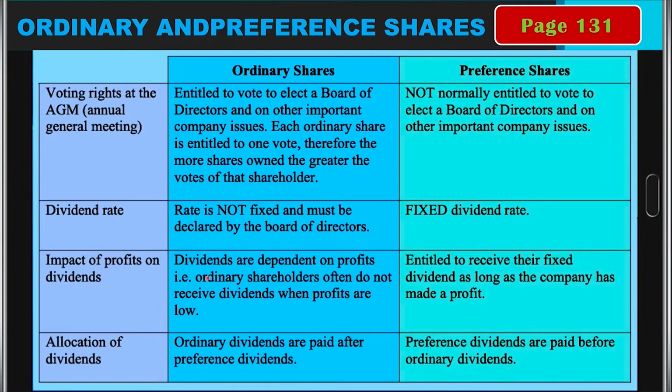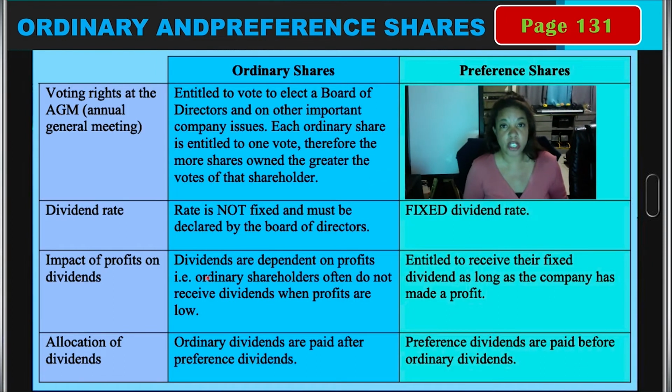So once again, we are not going to go into the big explanation. You have it there in your books. These are just some of the characteristics of the ordinary shares and the preference shares. When we are doing the accounting, the main thing, two things: preference shareholders receive their dividends before the ordinary shareholders, and two, they receive a fixed dividend rate.